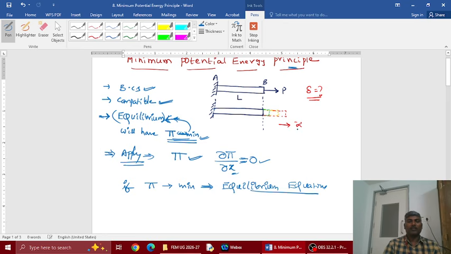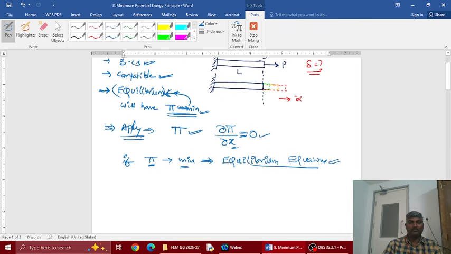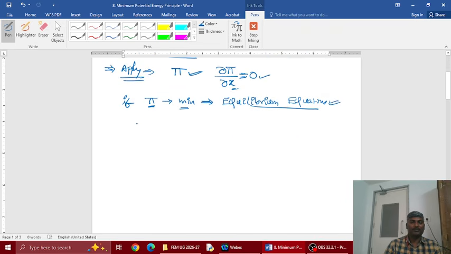So for any system, if you apply the condition that potential energy is minimum, that will generate an equilibrium equation. Let us check this for a given problem. Consider the same problem, the axially loaded bar itself.